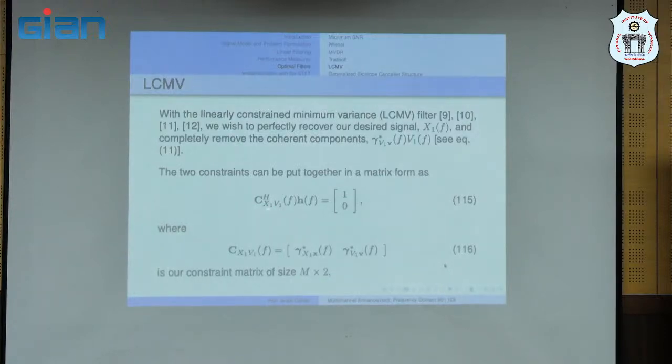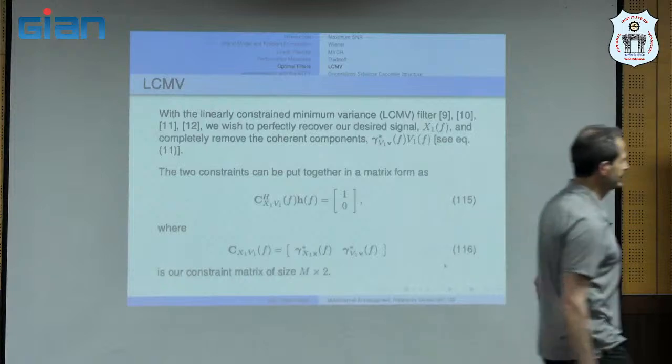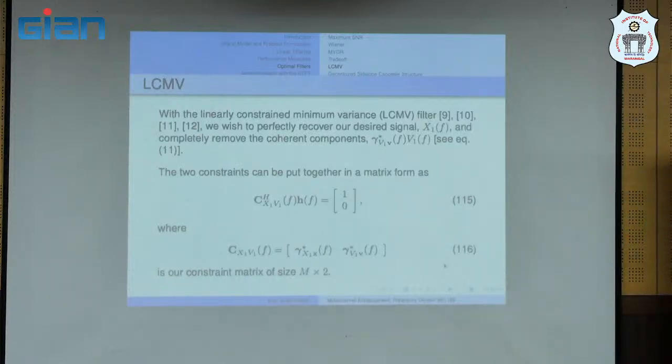So we define a matrix C. You see the column, the first column is the partially normalized coherence function between x1 and x. The second column is the partially normalized coherence between v1 and v. So if we define the constraint like this, it's the same as these two constraints.